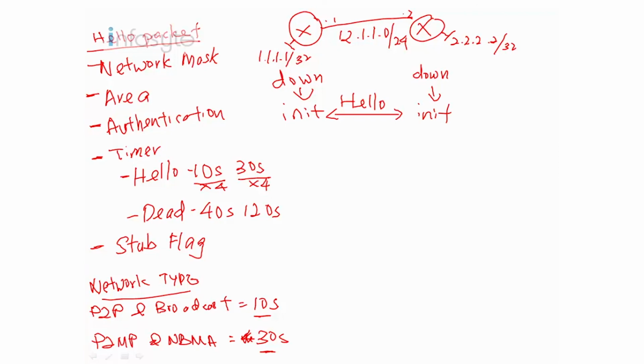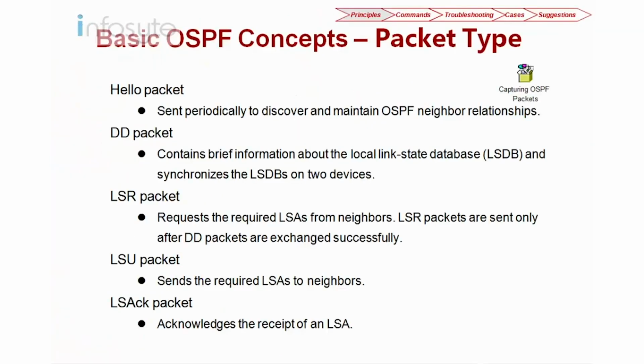So these are the 5 pieces of information that need to match before they can form the neighbor. This is all the information inside the Hello packet that needs to be matched between the 2 routers.